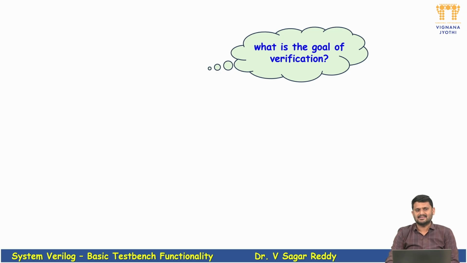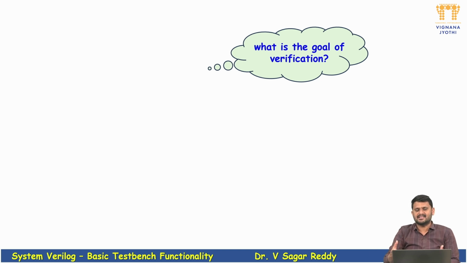Even though the RTL design is written and compiles correctly, that does not guarantee that it functions correctly. A small mistake in logic, timing, or corner case handling can cause the entire chip to fail once manufactured, and fixing that later can cost millions of dollars. Verification makes sure that we have built the design right, not just built something that runs.